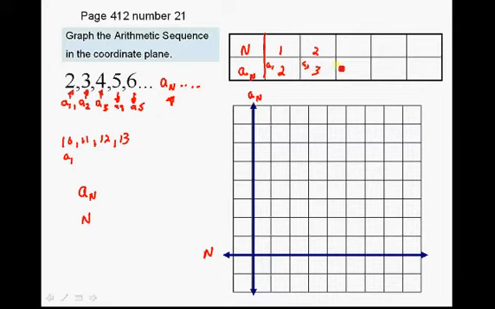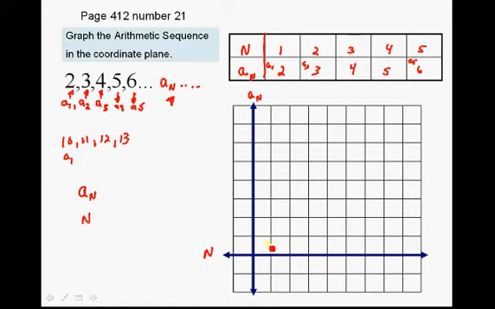See how that pattern is going? Then the third term is just 4, and the fourth term is just 5, and the fifth term is just 6. Because a sub 5, or the fifth term, is 6.